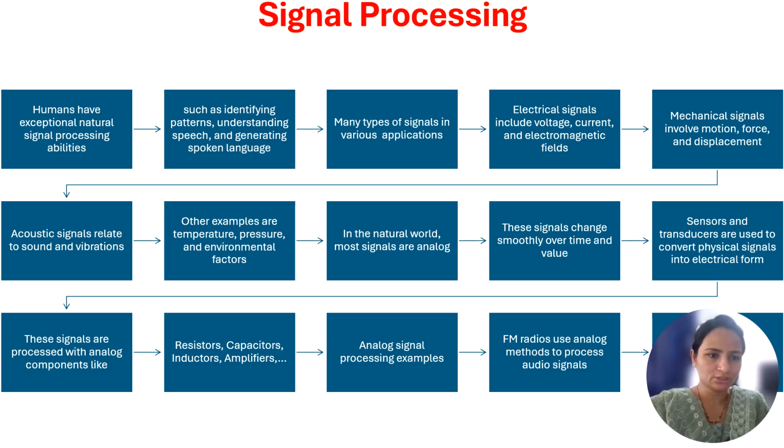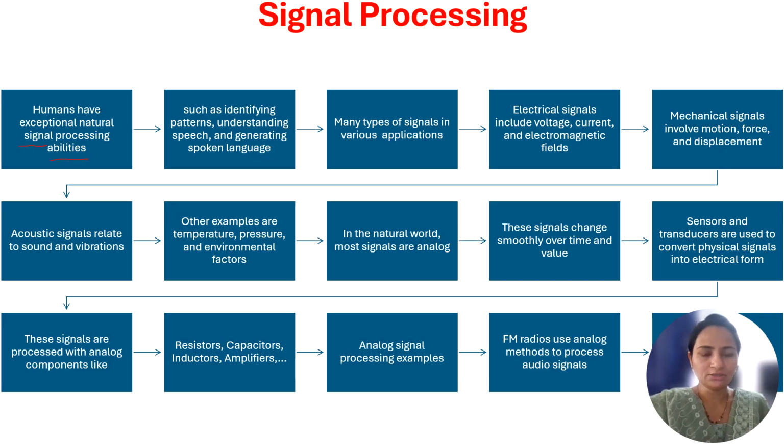The first one is that humans have an exceptional nature, right? In terms of signal processing capability, suppose one of my friends is calling me from behind. Human beings are a good example for signal processing. Whenever we hear a voice, we are able to identify whether it is a known person's voice or an unknown person's voice.